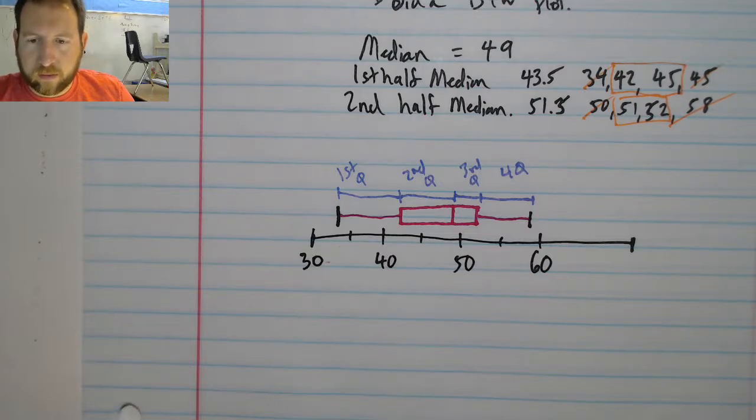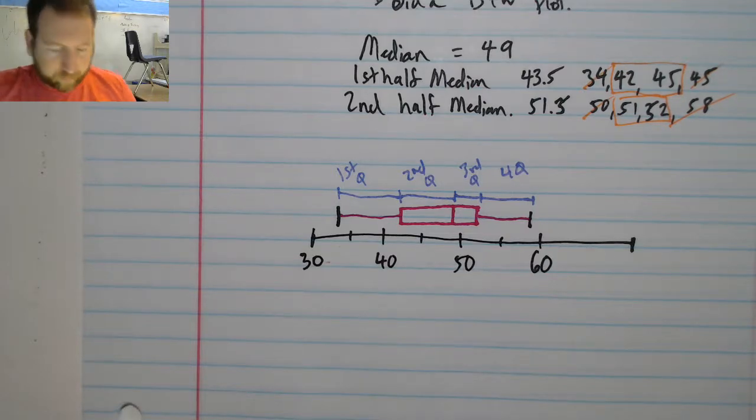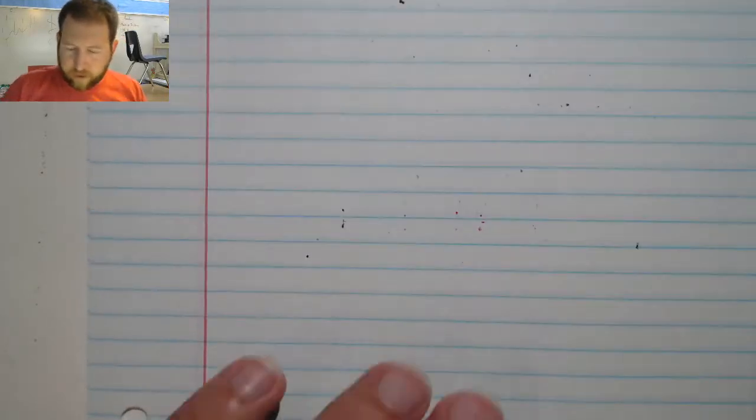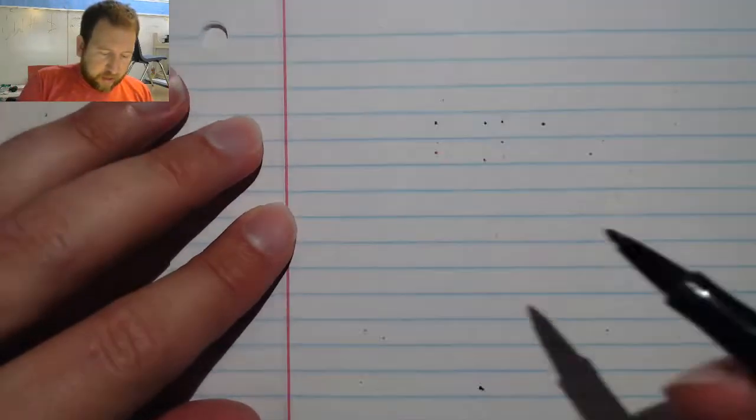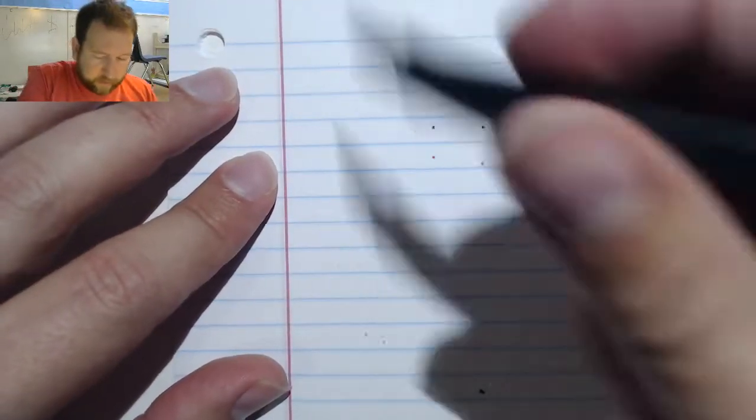Well, how about we just go for our example, and I'll just do number 1 so you can check it and see if your box and whisker plot is correct.